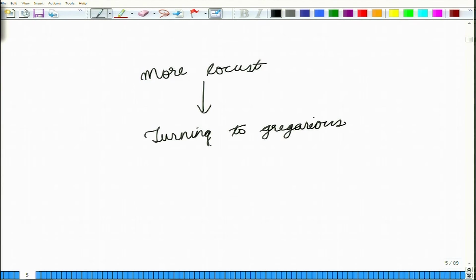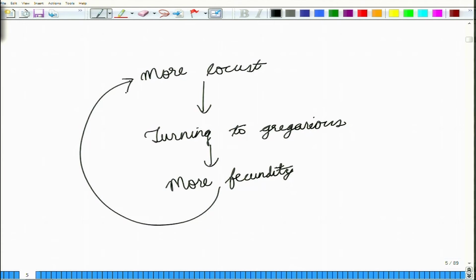Now, if you have a group of locusts that have turned into gregarious phase, then they will have more fecundity, because they will lay eggs very quickly, and these eggs will also have a very high amount of nutrients. Now, if you have more fecundity, that will again lead to more locusts, which will again lead to the formation of gregarious characteristics, which will further increase fecundity.